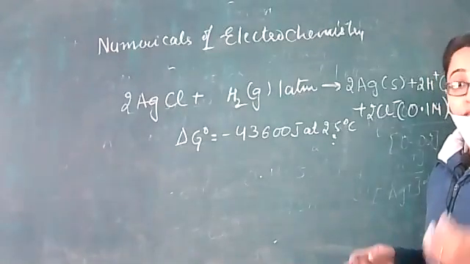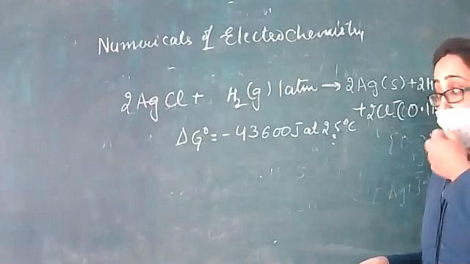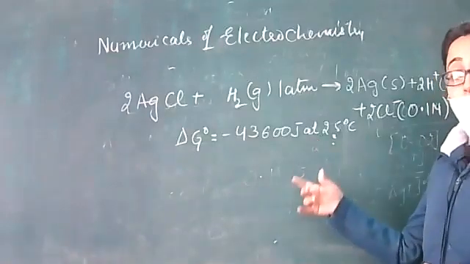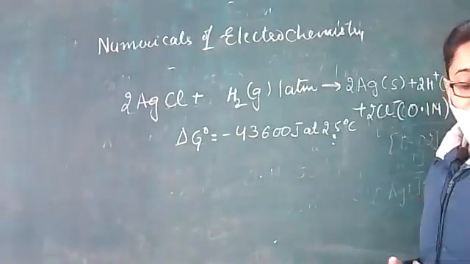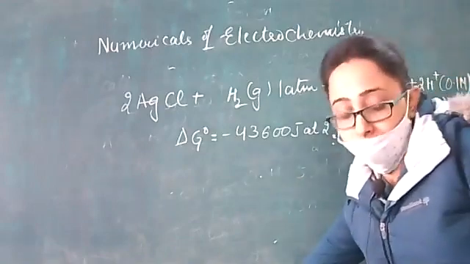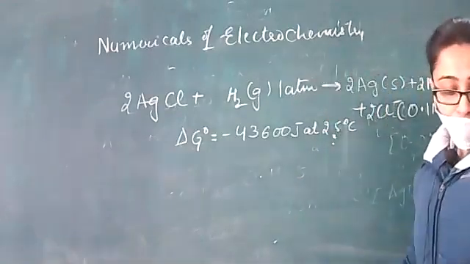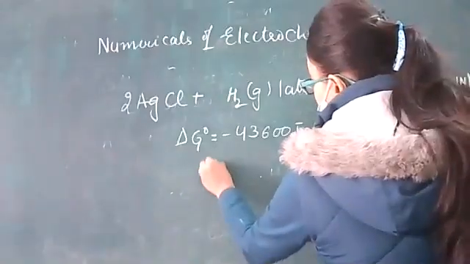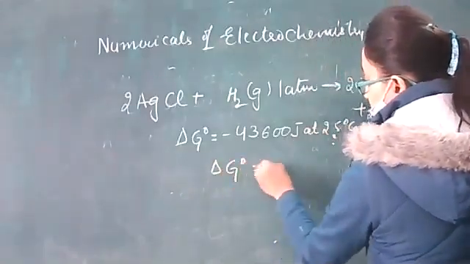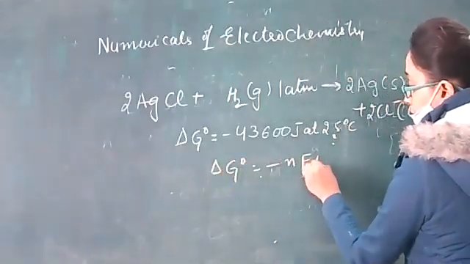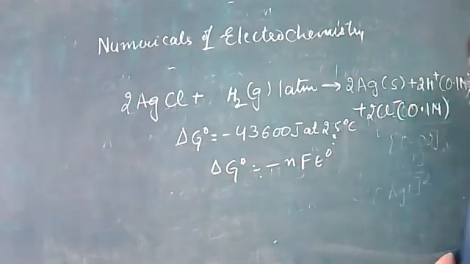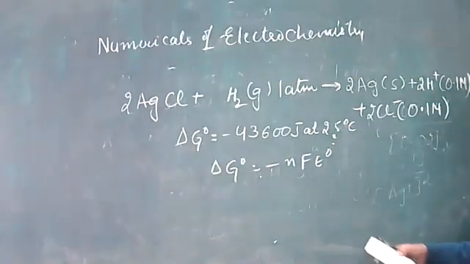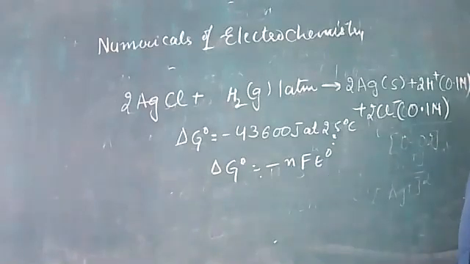You are not given E naught of any anode and cathode, but you are given delta G naught. When you are given delta G naught, then you have to use the formula delta G naught is equal to minus nFE naught. Then you are able to find E naught here.